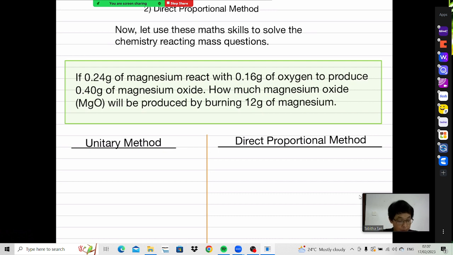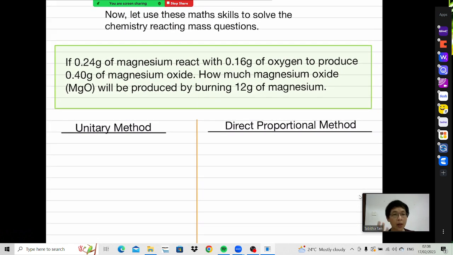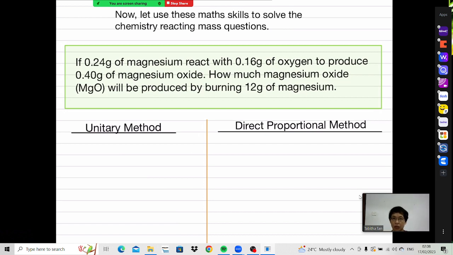Now, most important, just as we did previously, identify who are the two chemicals, or the players, that we are interested to look at. The question seems to mention magnesium, oxygen, and magnesium oxide. This seems to have 3 players, but let's underline what you are interested in.